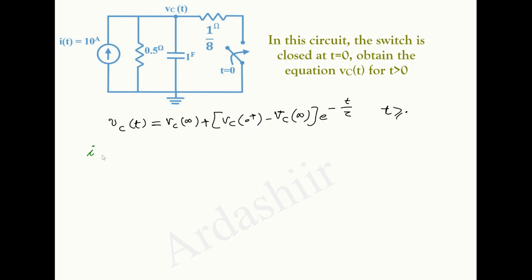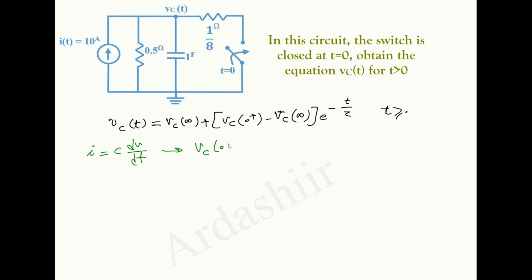Since i equals C dV over dt, the voltage of the capacitor cannot change instantaneously, because an instantaneous change of voltage would be an infinite slope of voltage and that would require infinite current. So this means that right after time 0, at t equals 0 plus, the capacitor voltage must be the same as the capacitor voltage at t equals 0 minus.